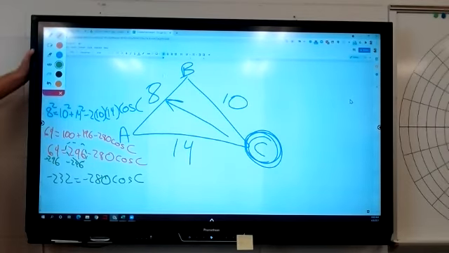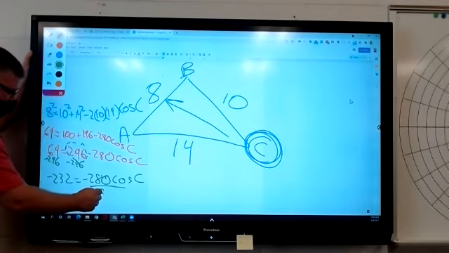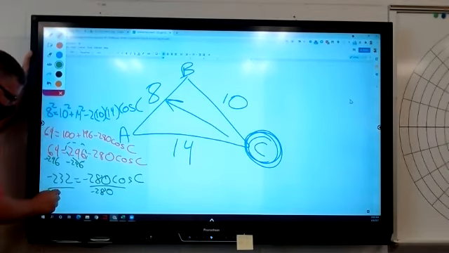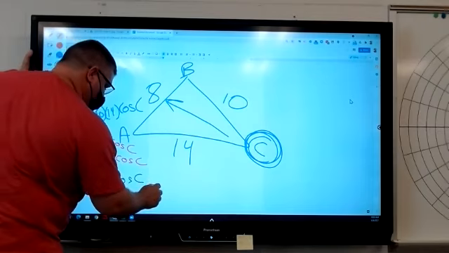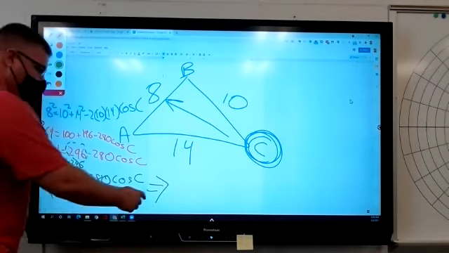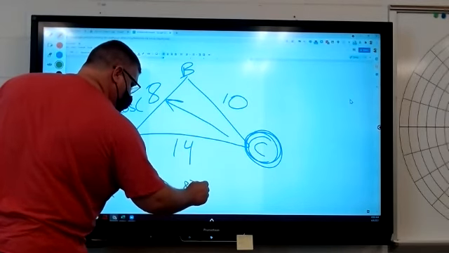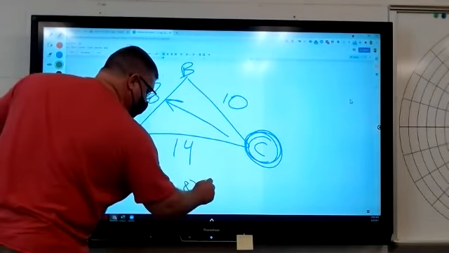So now what do I do? Divide by negative 280. What happens to the two negatives? And what is 232 divided by 280? 232 divided by 280 equals 0.8285.